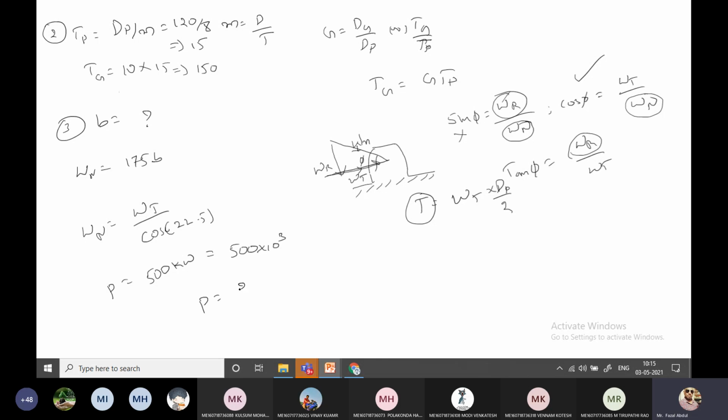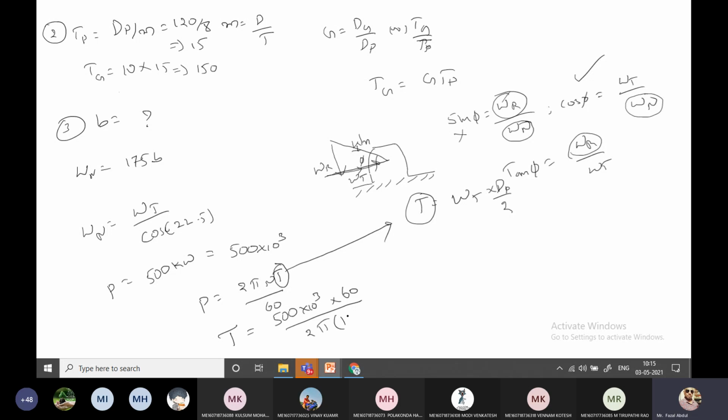Power equals 2 pi N T by 60. Modifying this equation, T equals P into 60 by 2 pi, that is 500 into 10 cube into 60 by 2 pi.